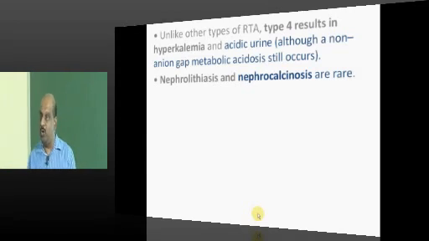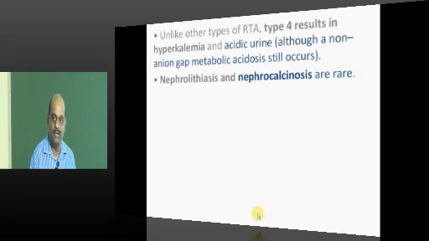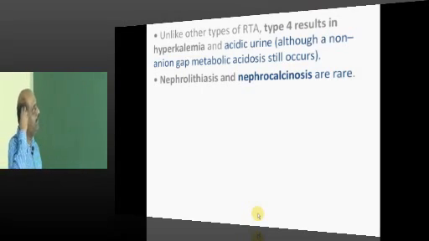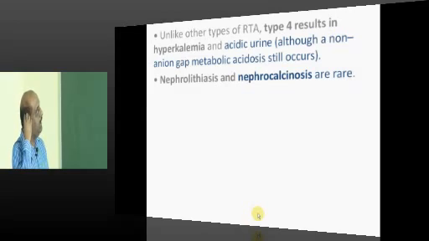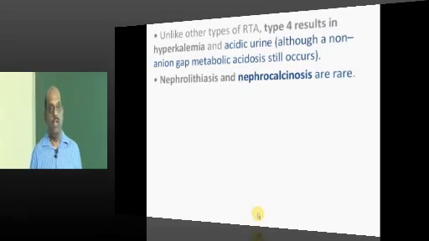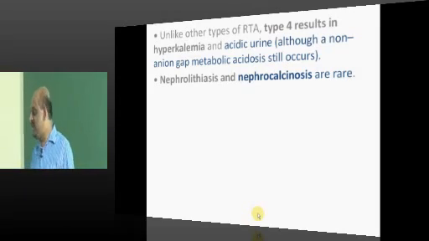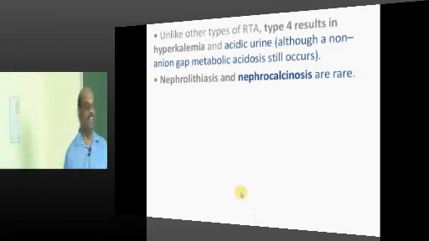No aldosterone, nobody to kick potassium and H plus into urine. Then what will happen to the urine? Typically, what will happen to the urine in the case of type 4 RTA? It should also be alkaline. It should not be acidic. Okay, so that is not a differentiating factor. Let's leave that.